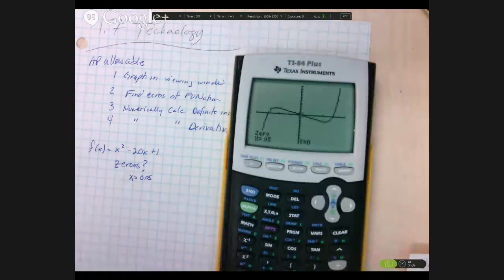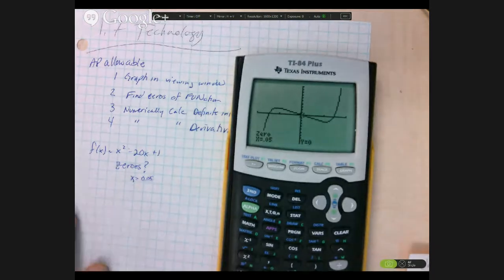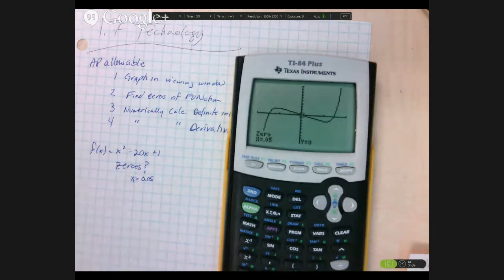I'm going to pick on one person from each table. Wait, what did you put in your window? X's negative 2 to 2, Y's negative 100 to 100.